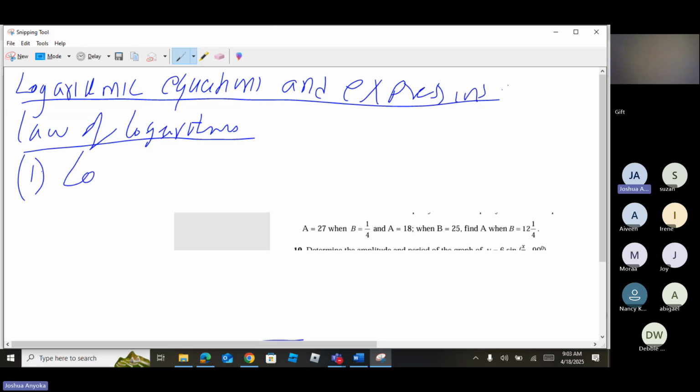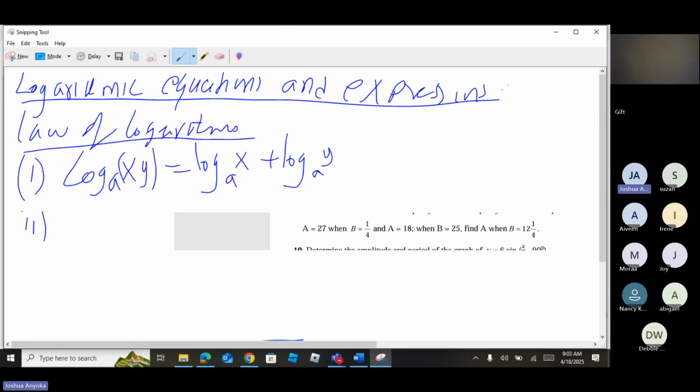The logarithm of xy to the base of a is equal to log x to base a plus log y to base a. So when we multiply numbers, it will expand to this level.